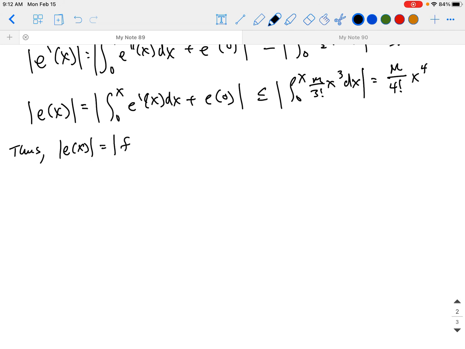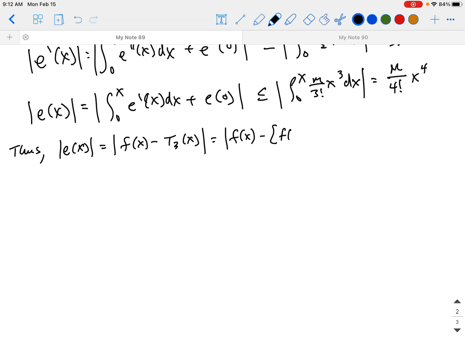And so what we end up with by this last is the absolute value of e of x, which again is the absolute value of f of x minus, in this case, the polynomial.